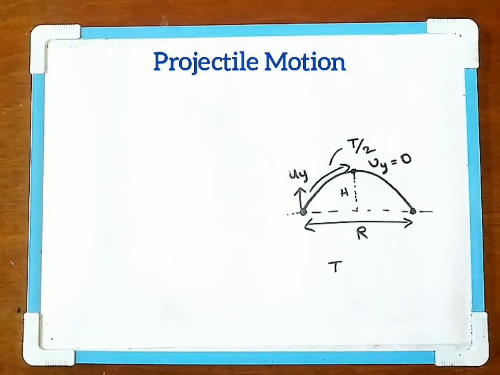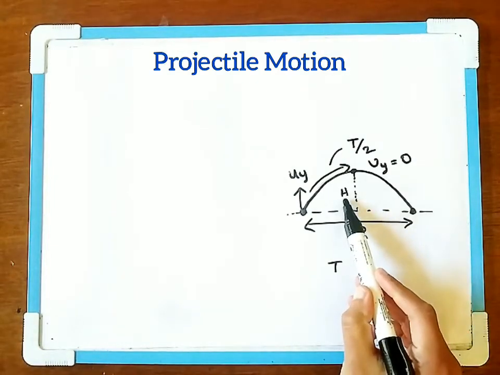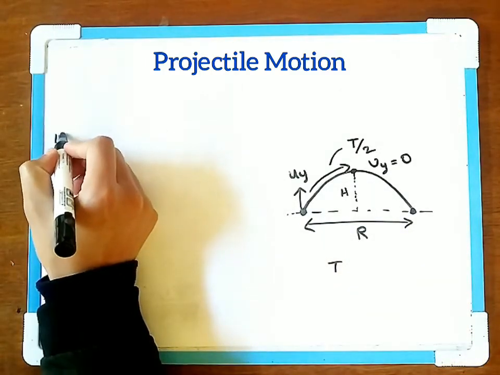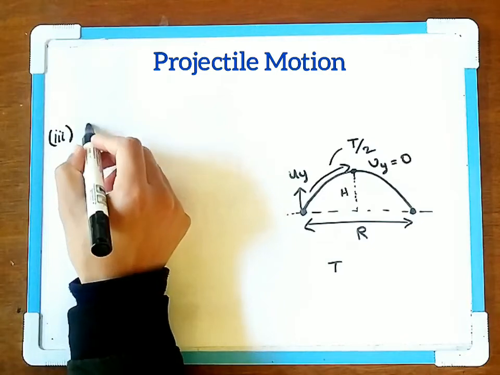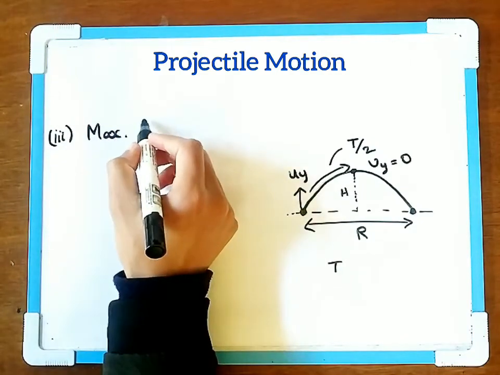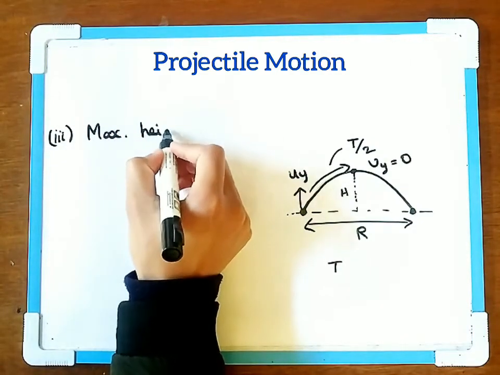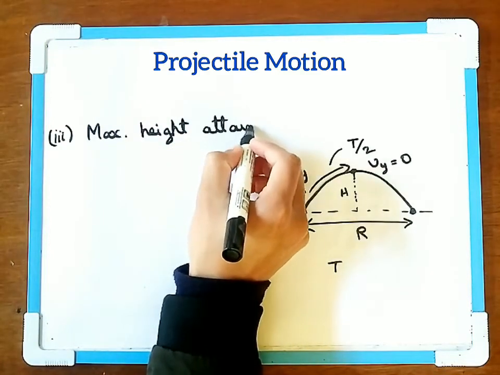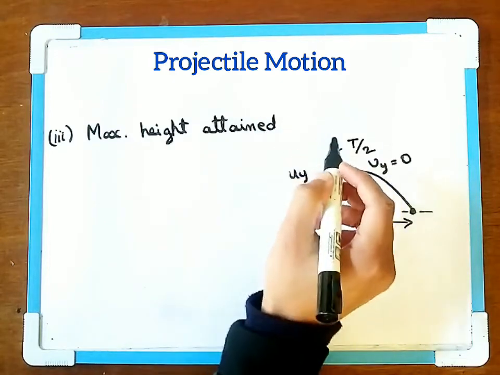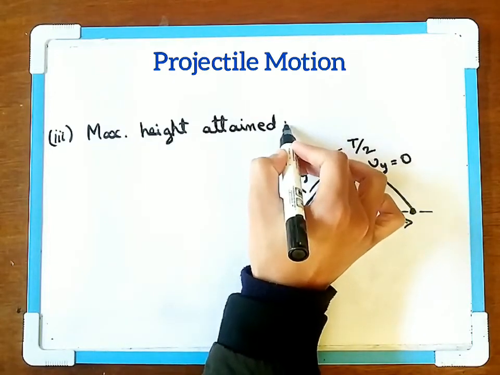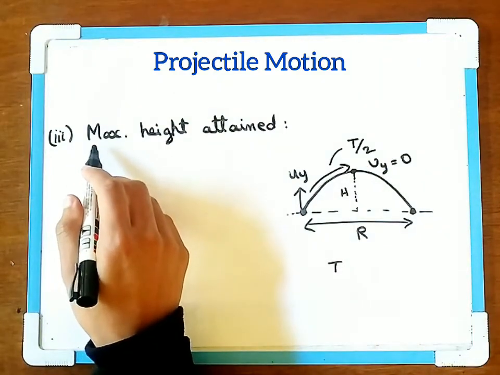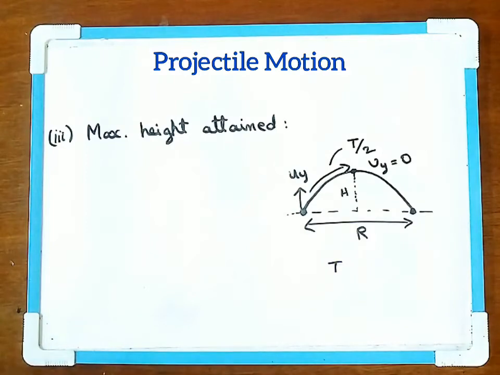Now we'll have to find out the expression for the maximum height attained, that is h. And to obtain the expression for this maximum height, I'll write: maximum height attained by the projectile. Okay. This is denoted by h. So here to obtain this expression for the maximum height, again we'll have to make use of the equations of motion.